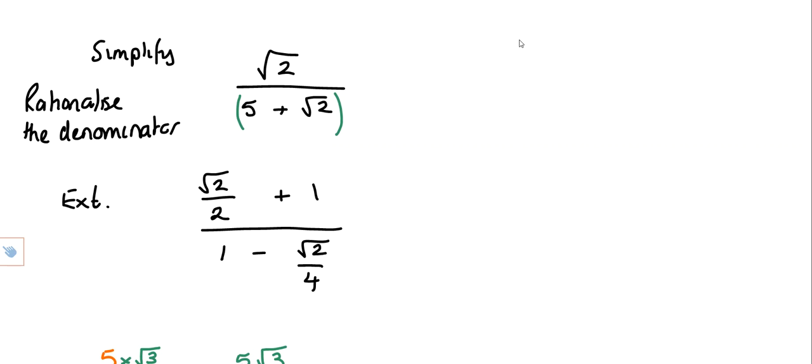Now if you remember, the difference of two squares was a plus b times a minus b leads to a squared minus b squared. The reason why that's useful is because if I square something with a root, I get rid of the root. So what do I want to do?